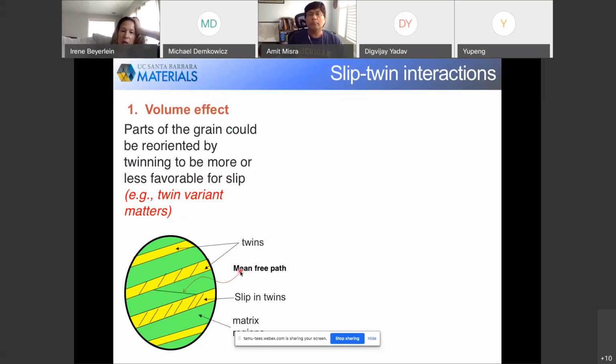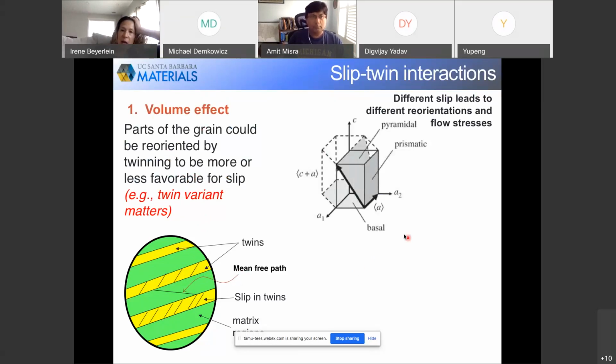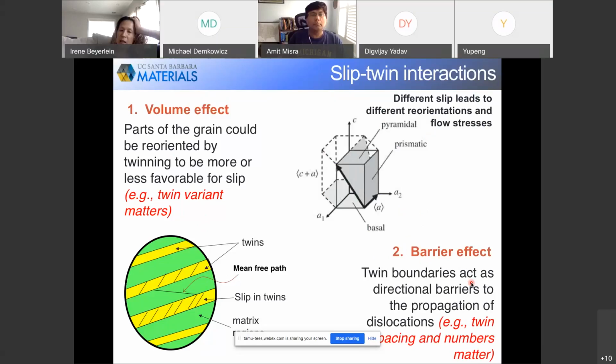Also, a second way has to do with, again, this idea of a barrier effect, that the twin boundaries act as directional barriers. So the twins restrict the mean free path of a dislocation.